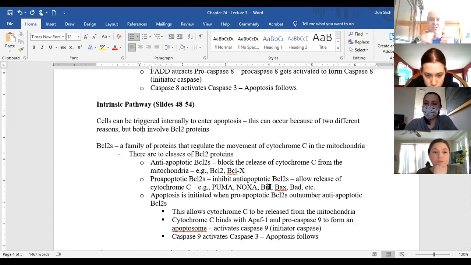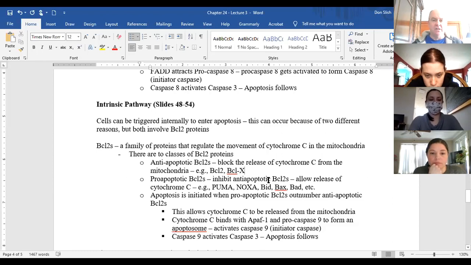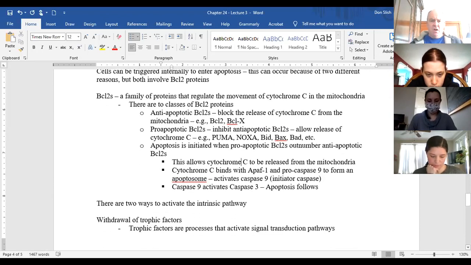So it's almost like a stoichiometric 1-to-1 thing where the anti-apoptotics will protect the cell until you've got more of these pro-apoptotics, and then cytochrome C gets released from the mitochondrion, and also a lot of calcium too. That's also an important part of this. Okay, so cytochrome C gets released.